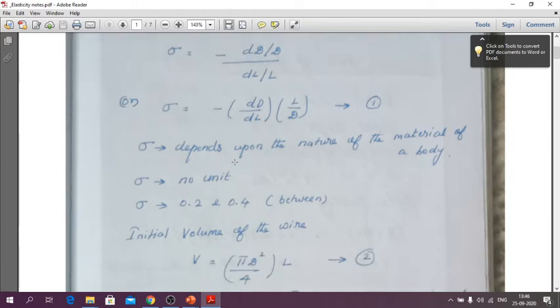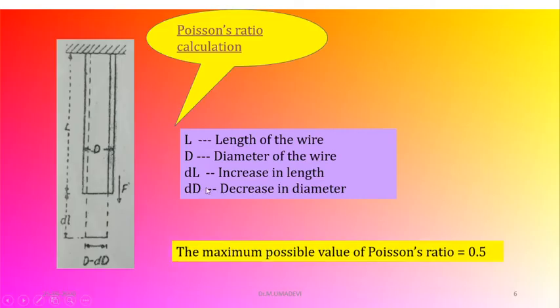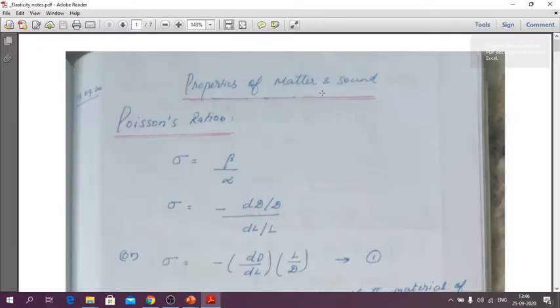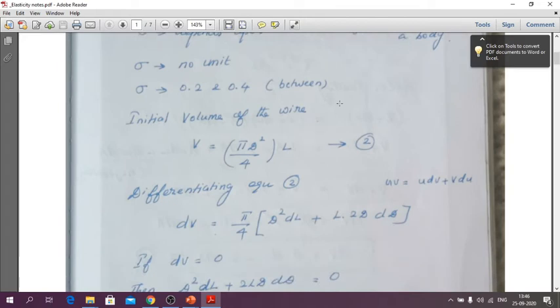Here sigma depends upon the nature of the material of the body, and sigma does not have any unit. It varies from 0.2 to 0.4, and sometimes the value may be 0.5 also.